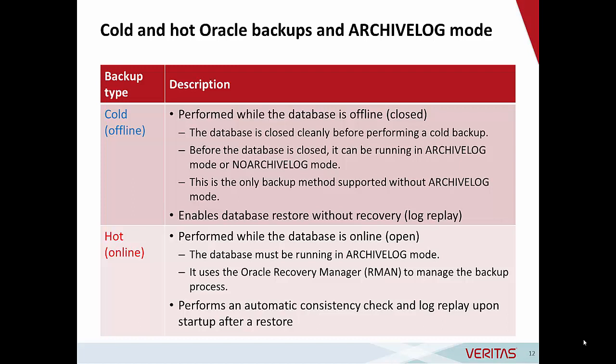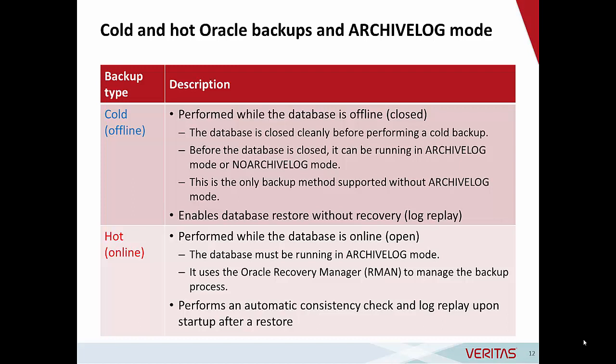And so this means that the database could be running in either archive log or no archive log mode. Doesn't really matter because it's shut down. And this allows for a consistent backup of the database, but it limits our recovery options. The only thing we can really do here is a point-in-time recovery, where we put the entire database back the same way it was at the time of the last backup.